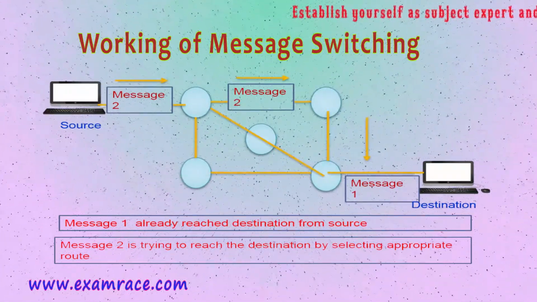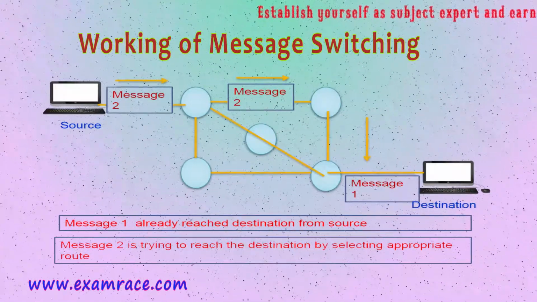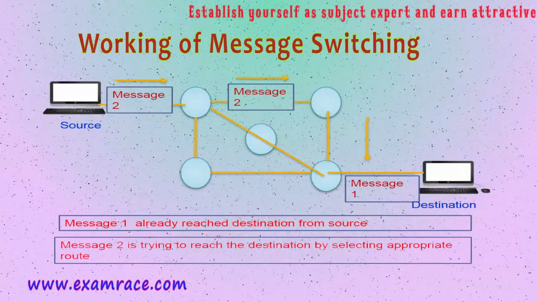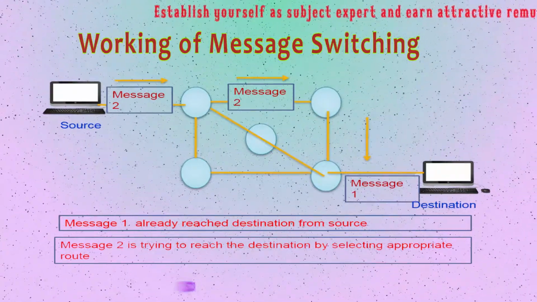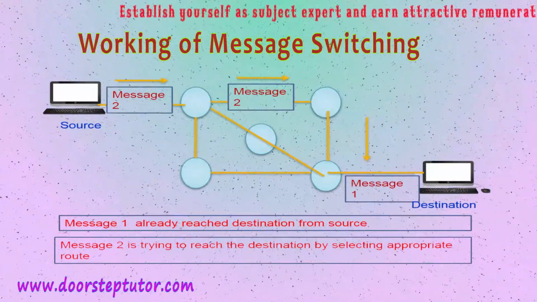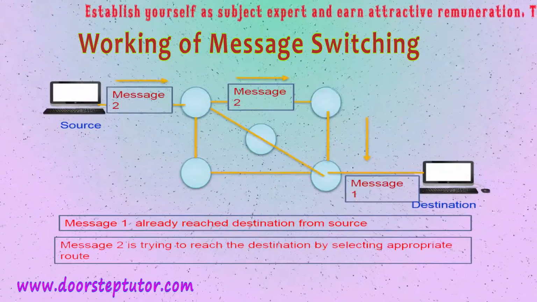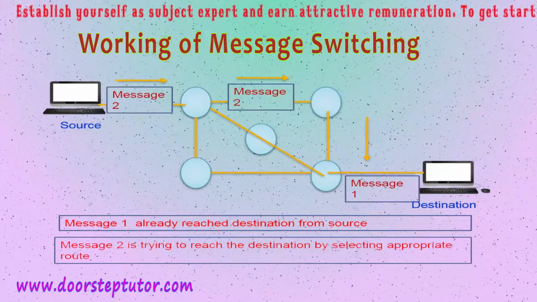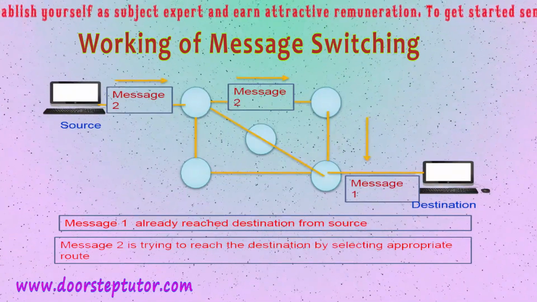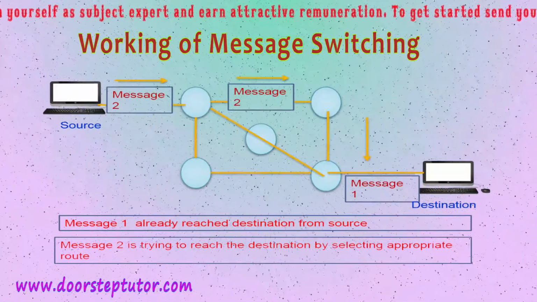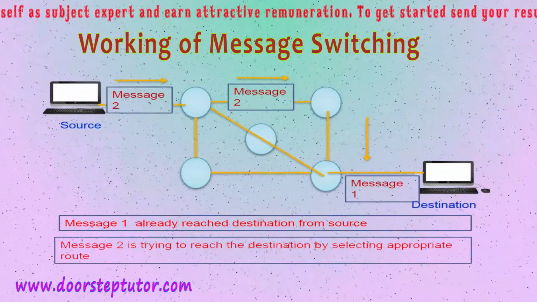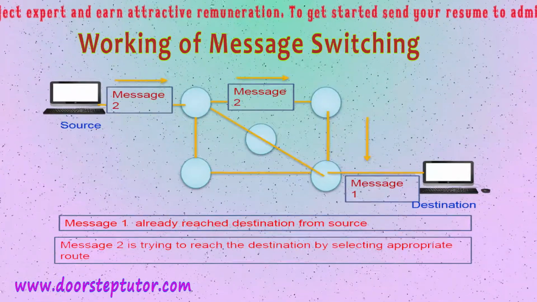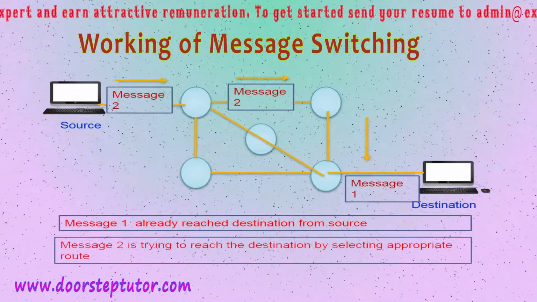Message 2 is going from the source and it is trying to reach the destination on the other side. The destination already has message 1. Message 1 has already been transferred from the source to the destination. So now it is the turn of message 2.